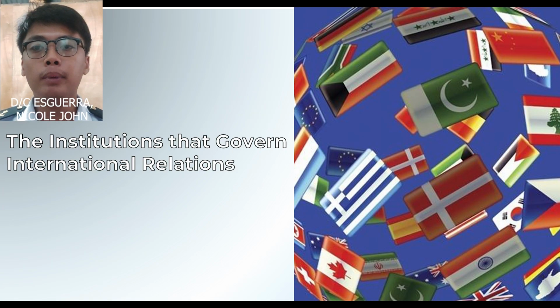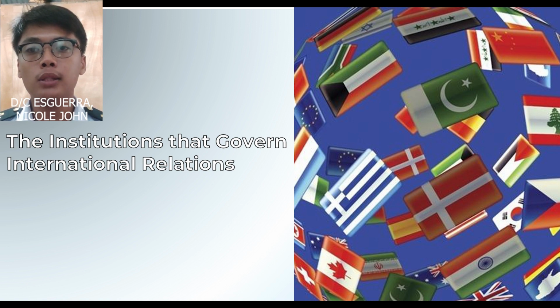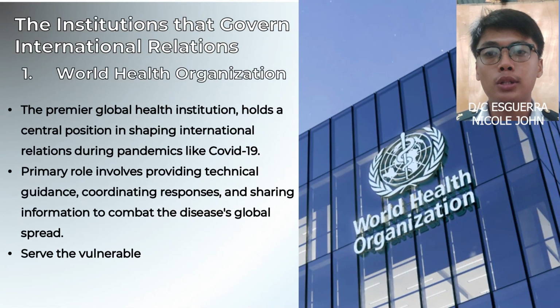The COVID-19 pandemic has not only been a significant challenge to our global health system, but has also profoundly impacted international relations. In an interconnected world, understanding the institutions that play a crucial role in shaping these relations during such a crisis is essential. So the first example is the World Health Organization.